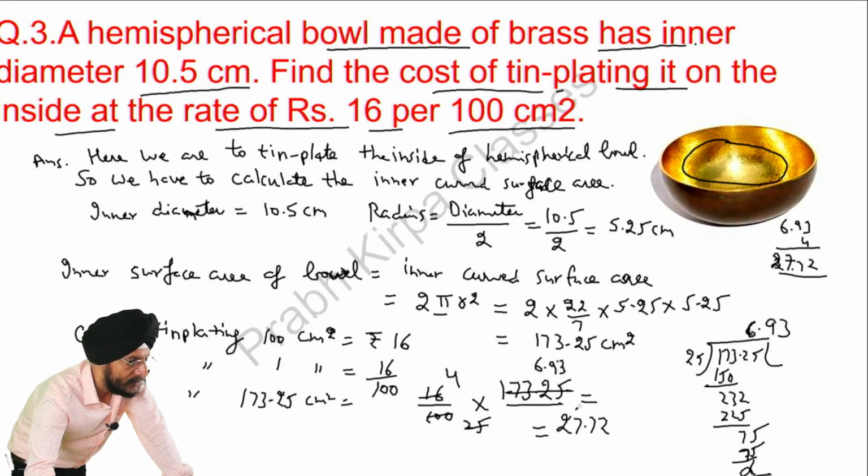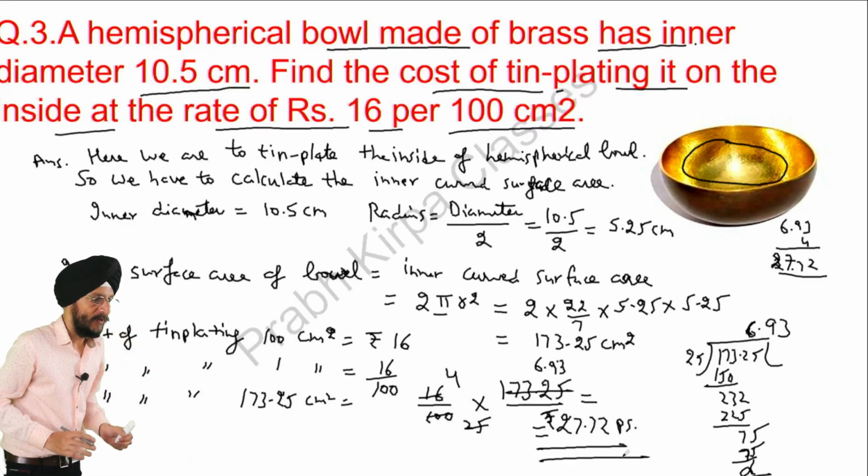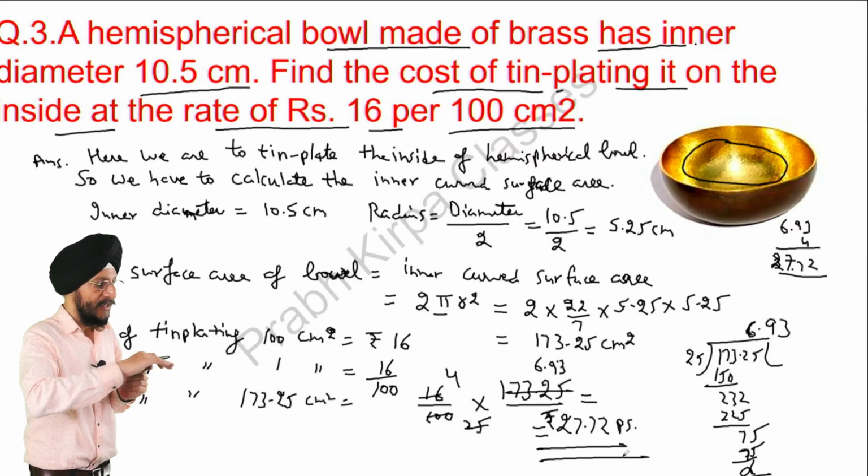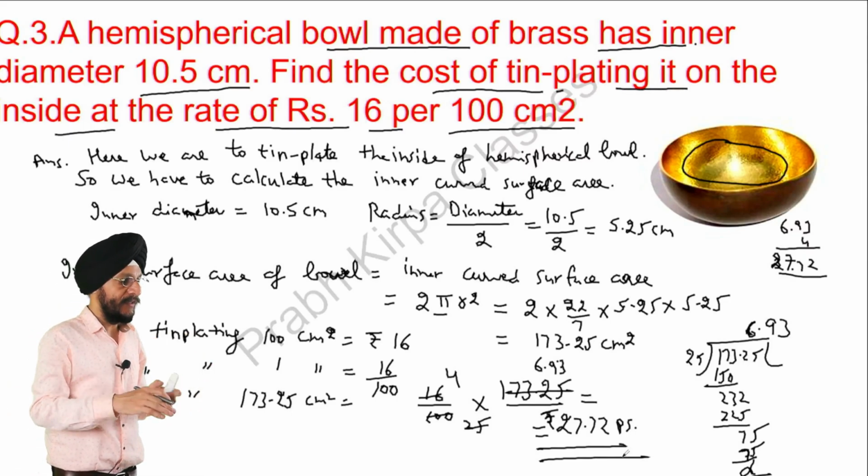It is 27.72. This is rupees 27.72. This is the cost of tin plating the inner side of the hemispherical bowl.